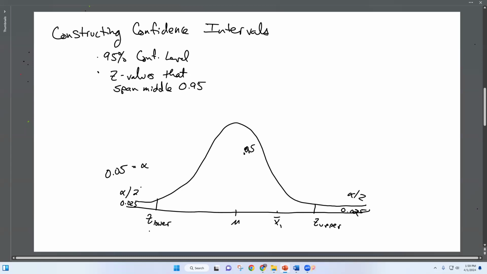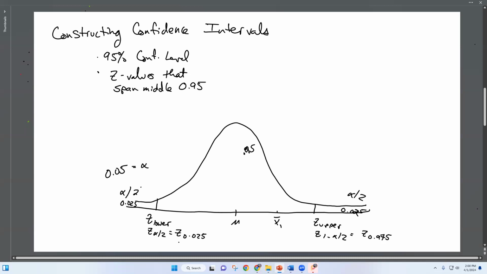So z lower is z alpha over 2, and z upper is z 1 minus alpha over 2. For alpha over 2 being 0.025, this is the z associated with 0.025 of cumulative area, and this is the z associated with 0.975. Not super intuitive at first. You're like, why am I not calculating z 0.95? Well, we have to subtract out the two areas, and we want it to be centered.